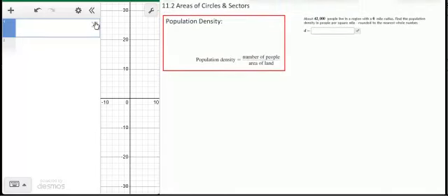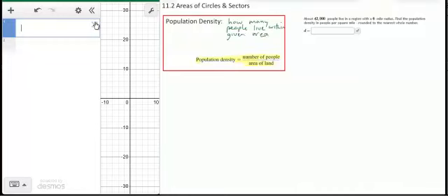A population density is just really identifying how many people there are within a given area. And so the calculation is just what is the population, and then divide that by the area of the land.